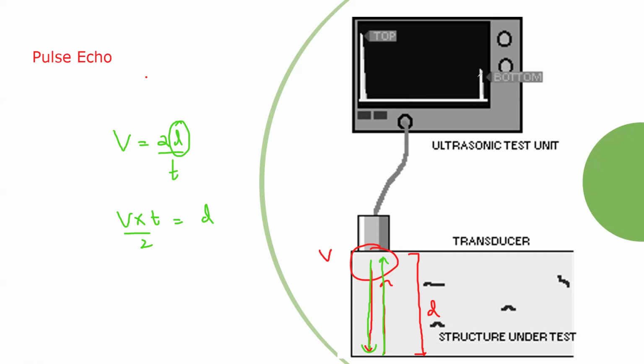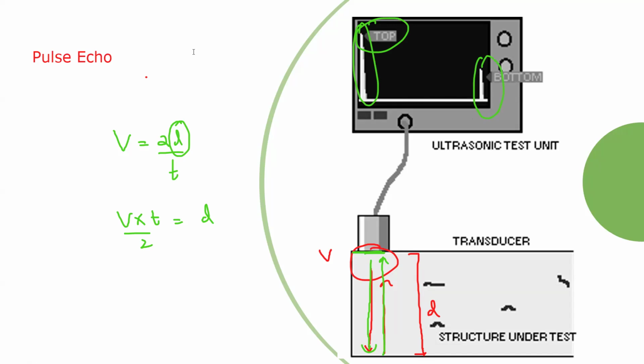When the pulse is sent, we receive a peak here. When it goes inside and bounces back, we receive it again from the bottom, that is another pulse, the signal is detected. The time interval between the two is read on a CRO, a cathode ray oscilloscope.